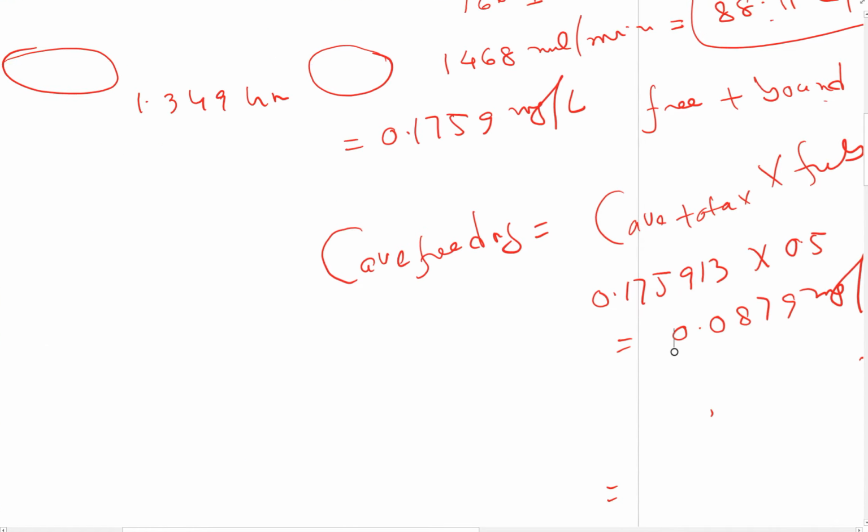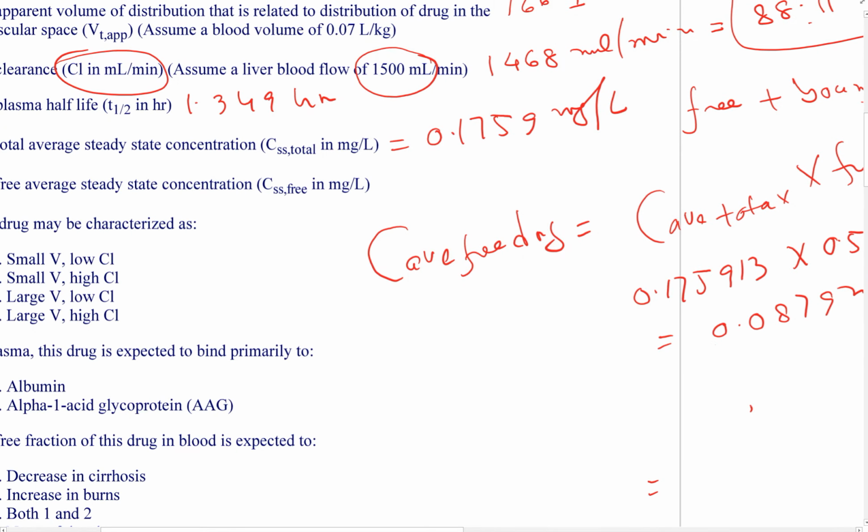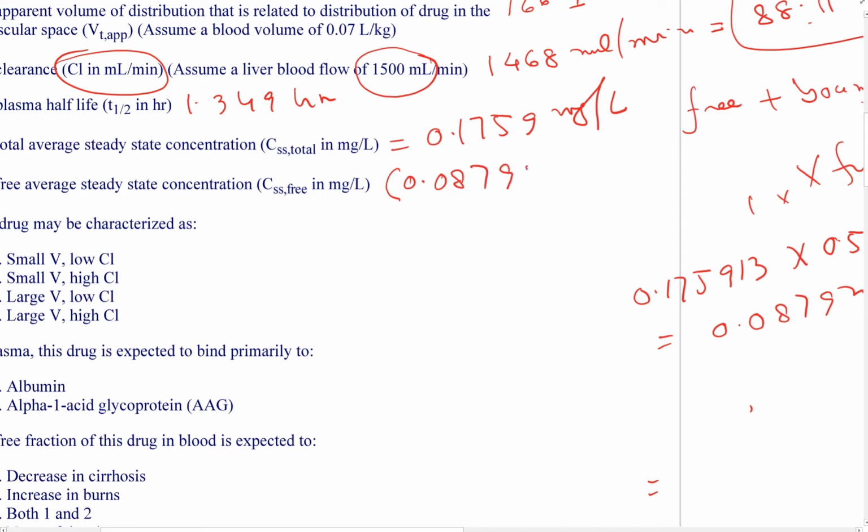So our free drug concentration is 0.0879 milligram per liter. As you can see, we compare these two, and which one is higher? Total drug.